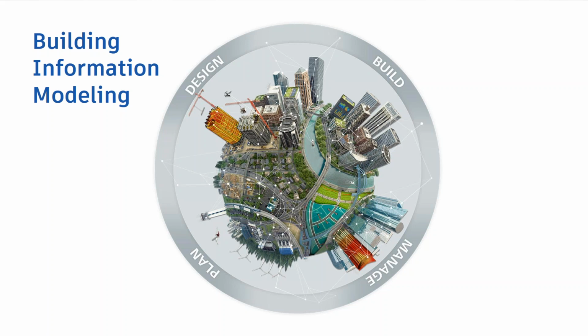At the beginning designers add information to the model, but then also, for example, a supervisor can add information. Then when it goes to the build stage, the construction company can add other information, and all this information can later be used during the manage stage, when the building is operated by the operator.